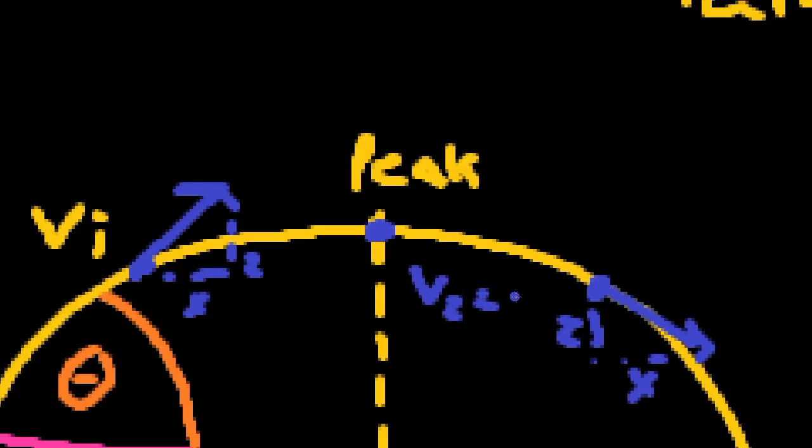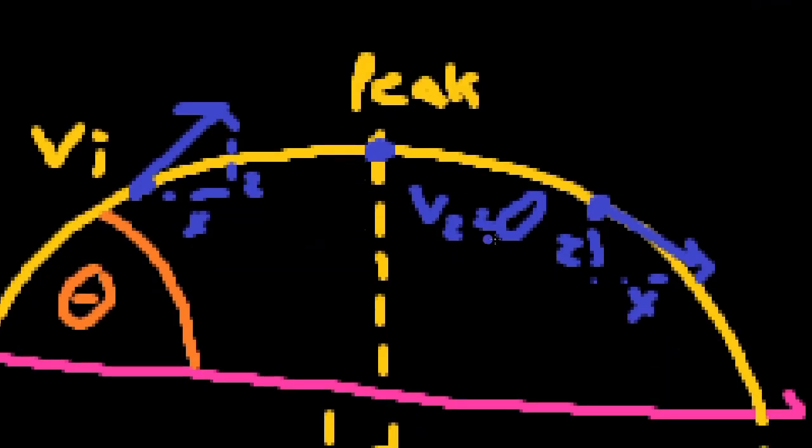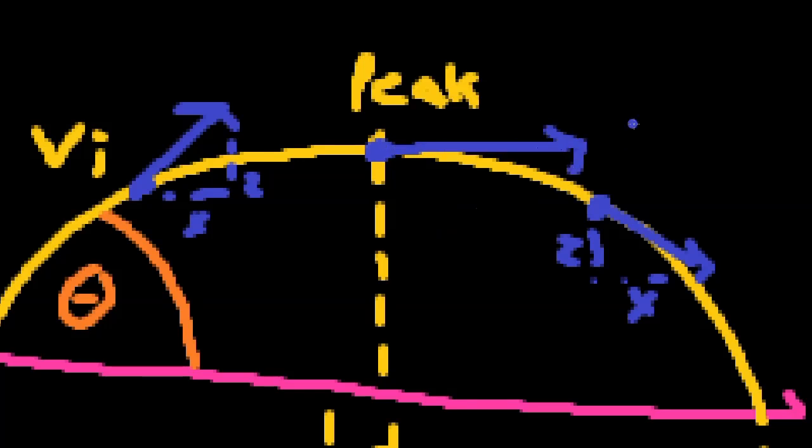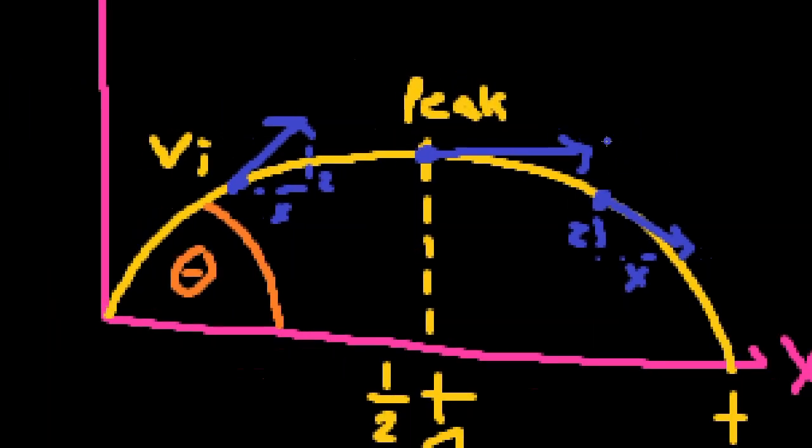This is because gravity has slowed the ball down while traveling upwards, but has not yet caused it to speed back up. The line tangent to the top of the peak, as shown, only has horizontal components, which further emphasizes that Vz equals 0 meters per second.